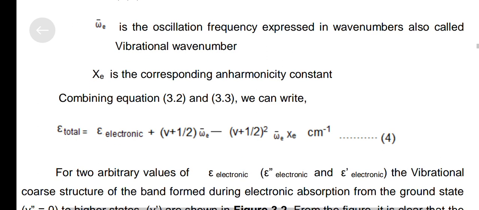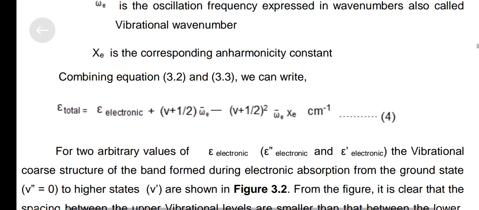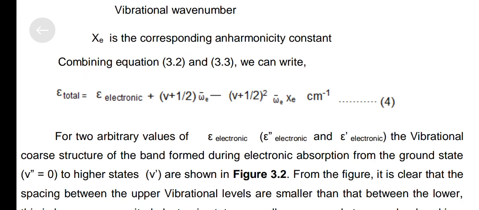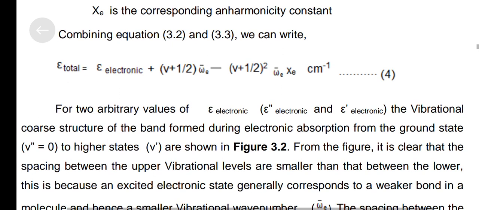For two arbitrary values of E electronic, E double dash electronic and E dash electronic, the vibrational coarse structure of the band formed during electronic absorption from the ground state V double dash equal to 0 to higher states V dash is shown in the figure. From the figure, it is clear that the spacing between the upper vibrational levels is smaller than that between the lower.